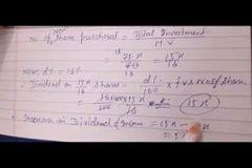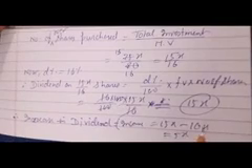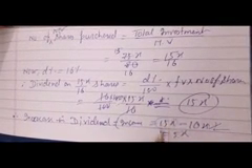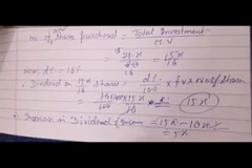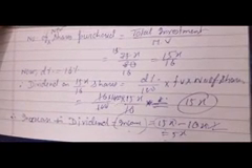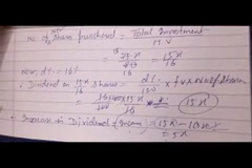Now try to understand. In the first share he was getting 10x as dividend, and here he is getting 15x as dividend. So what is the increase in his income? That is 15x minus 10x, which means now he is getting 5x more dividend as compared to the earlier one.